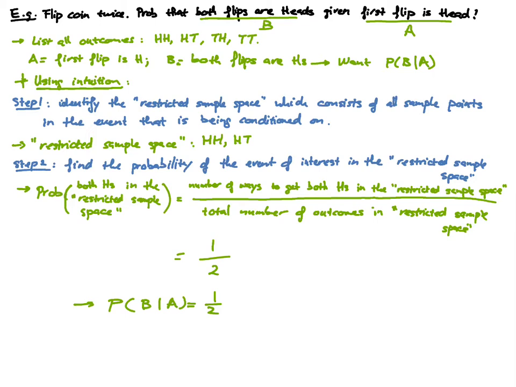Let's proceed and see how we solve this problem using the formula we learned in the previous video. So, using the formula, again we define event A as the event where the first flip is a head, right?